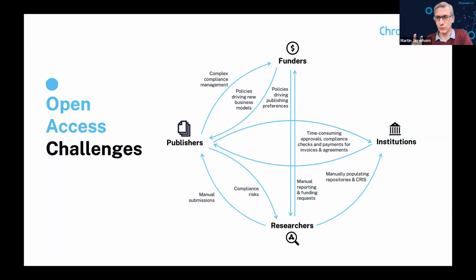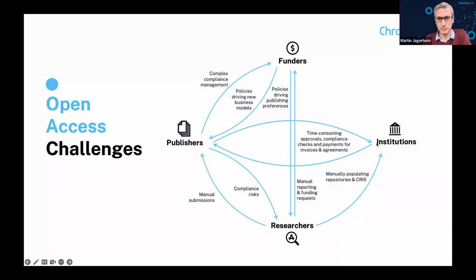They have all kinds of transformative agreements, sometimes called read and publish, others are publish and read, some are with quotas, others with discounts, some with country waivers and so forth. And this complexity and variety means that institutions have to carry out a lot of manual work, going into a lot of publisher dashboards and systems, or discuss that with them over email to try to figure out which articles to pay for, which ones are covered by an agreement and which not.